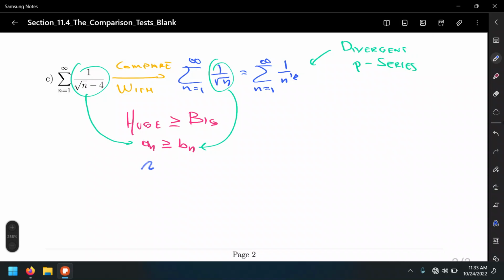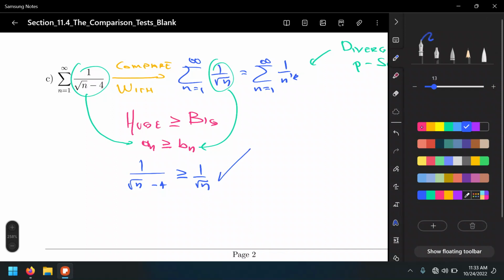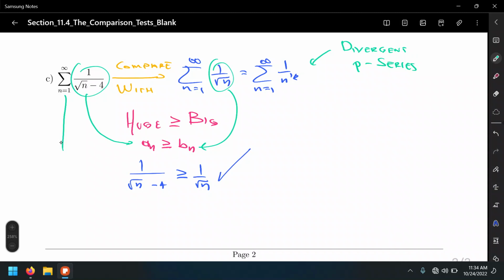Well, so 1 over the square root of n minus 4, is this greater than or equal to 1 over the square root of n? Yes. Yes, that's all we have to do. That's all we have to show. This means the original series, what's going to happen this time?